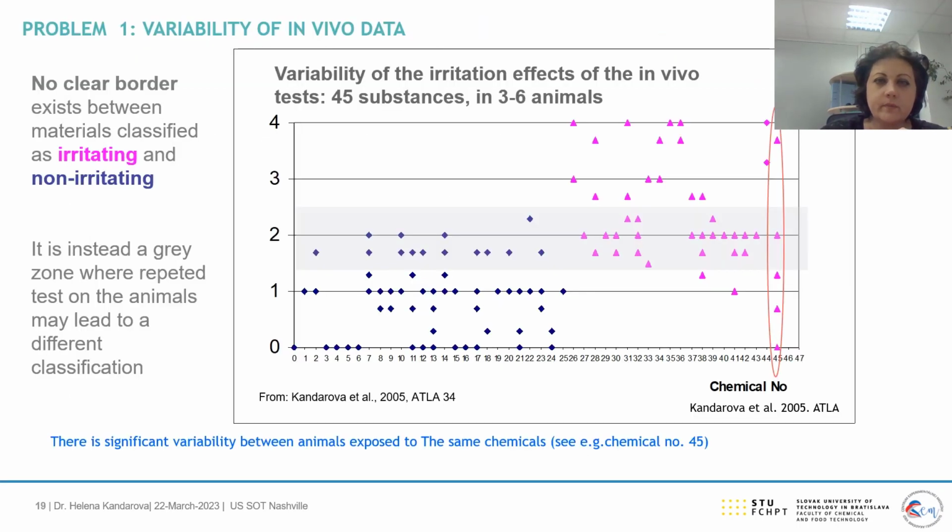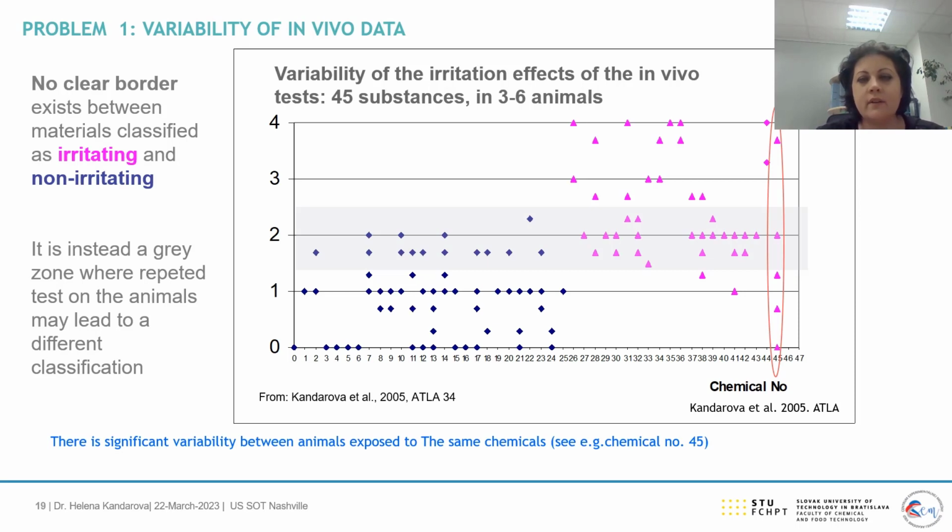Of course, we had a look into the causes of this problem, because we already knew at that time that the in vivo rabbit data are probably not of the best quality. And indeed, on this graph that is coming from my PhD thesis, you can see that there is no clear border between materials that are classified as irritating and non-irritating.